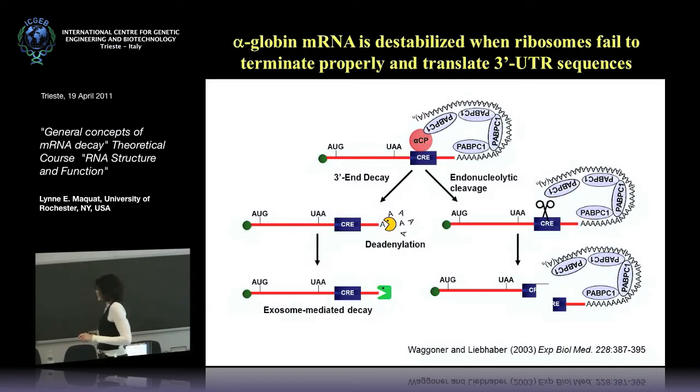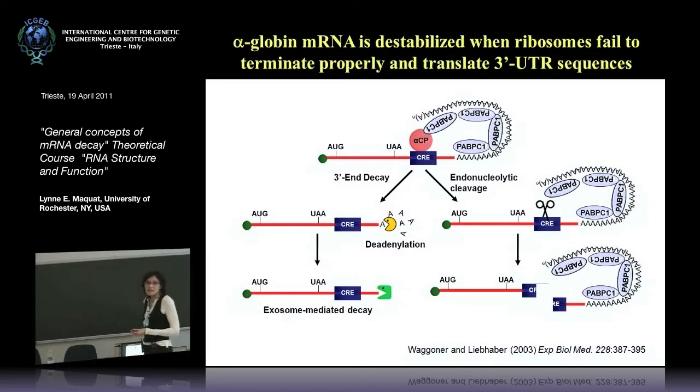There was now accessibility to an endonuclease that cleaved in the C-rich region, and that's because without this complex, poly-A binding protein can't interact to stabilize the mRNA. And also without the complex being bound, the poly-A itself was accessible to being degraded by deadenylase, and then the body by the exosome.